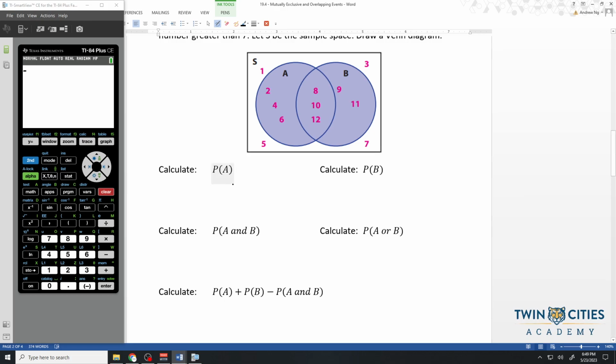The probability of event A. This is the probability that I get an even number. There are 1, 2, 3, 4, 5, 6 even numbers out of the 12. So this will be 6 over 12, and I can reduce that to 1/2.